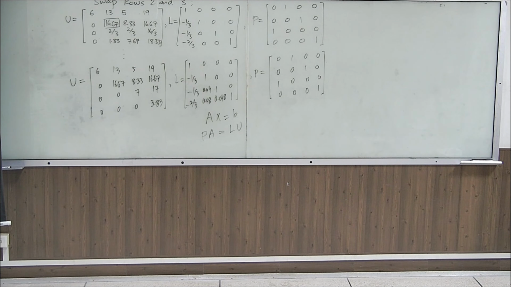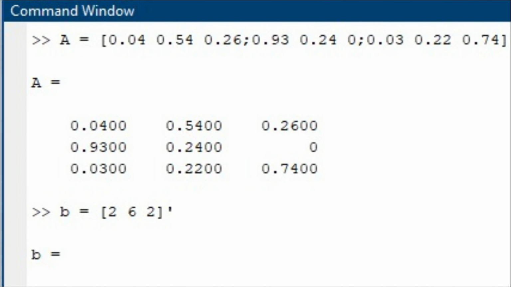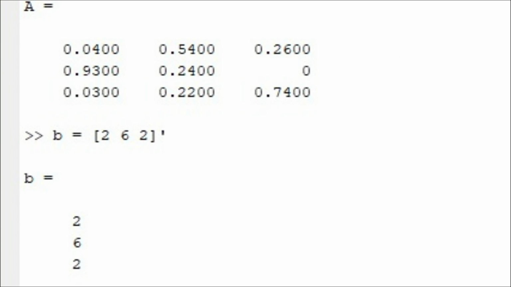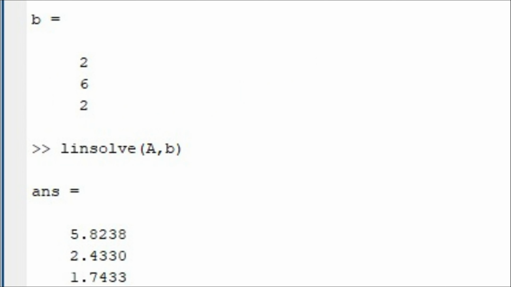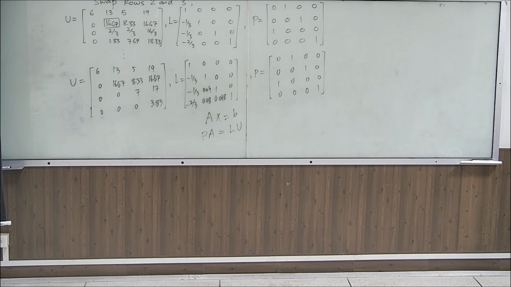So this is the matrix A. And then the right hand side is 2, 6 and 2. Because it's a column vector, I take a transpose. So this is B. Now if you use the linear solve command in MATLAB and write A and B, it will give you a solution: the value of x1, x2 and x3.